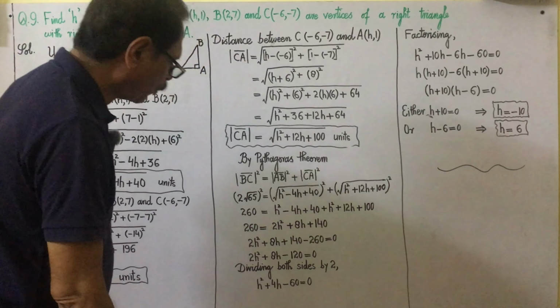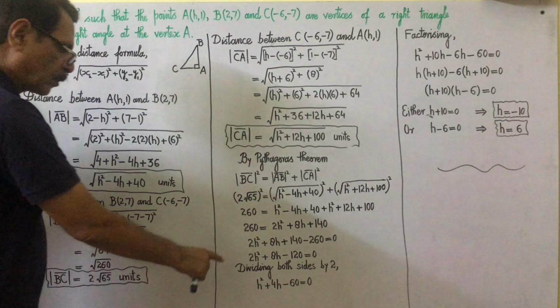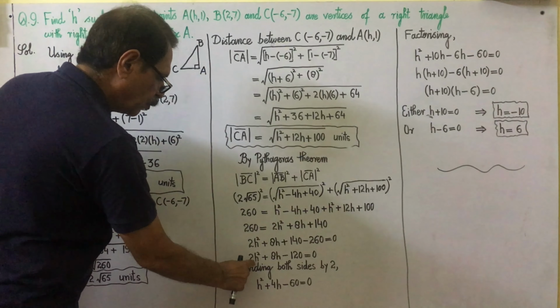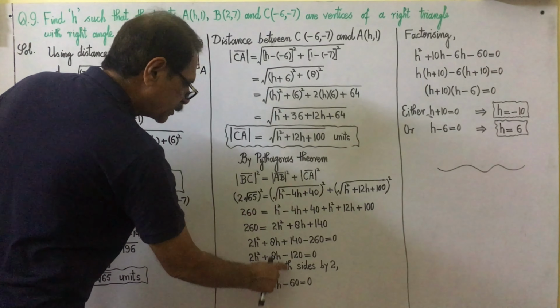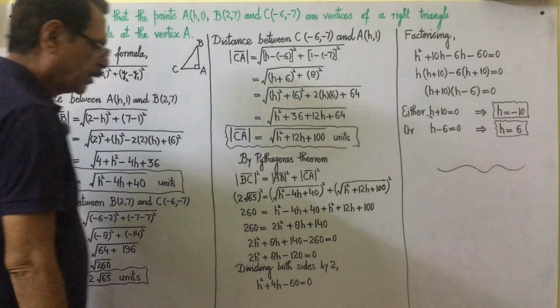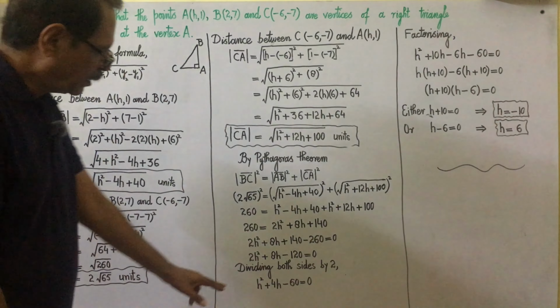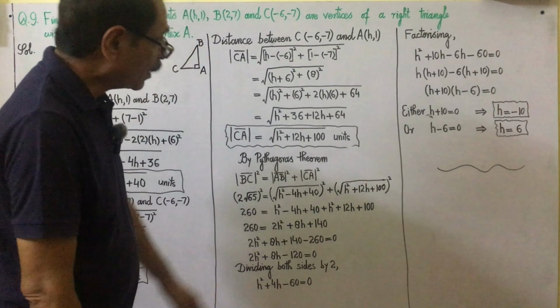Dividing both sides by 2: h square plus 4h minus 60 is equal to 0. It is a quadratic equation in variable h.